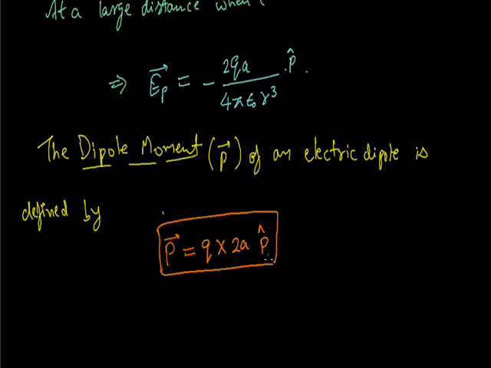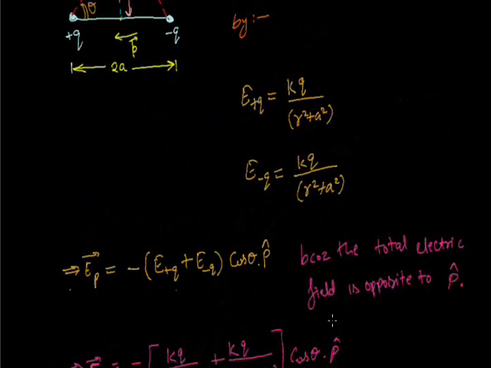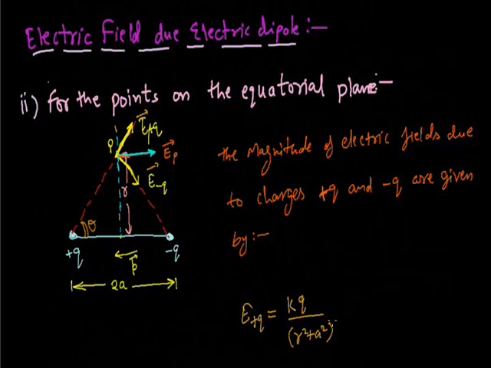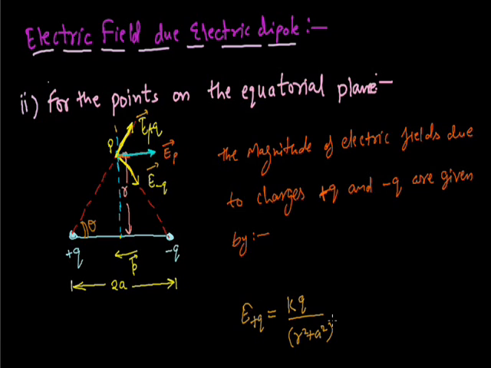So we can write the above equation of E P as follows: E P vector equal to minus p upon 4 pi epsilon naught r cube, where r is greater than a. So this is what we have derived: the electric field due to an electric dipole for a point on the equatorial plane.